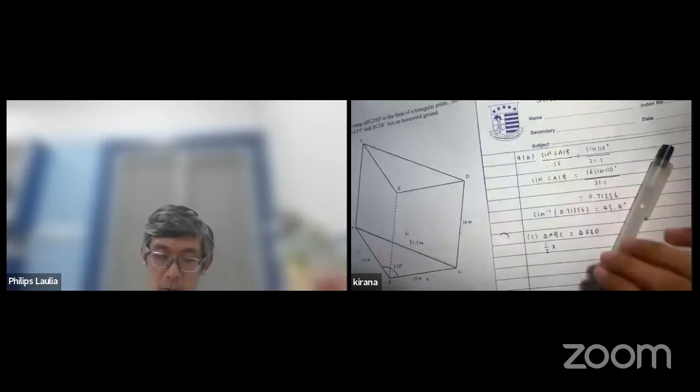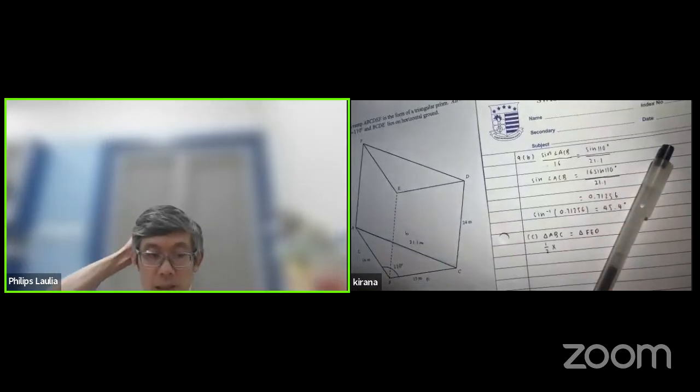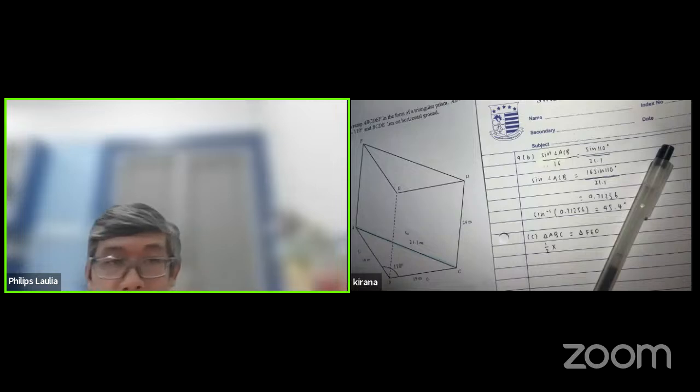You have two options, the triangle ABC area or the area of rectangle BCDE. Which area do you think you need for the volume? Never mind the formula. If you just remember anything, you will remember roughly that you need an area for the volume. The question is, which area?